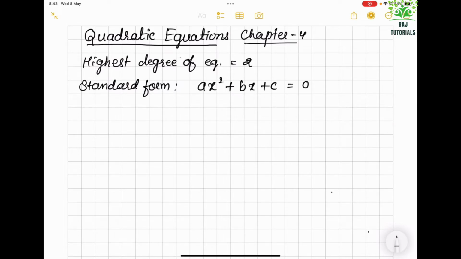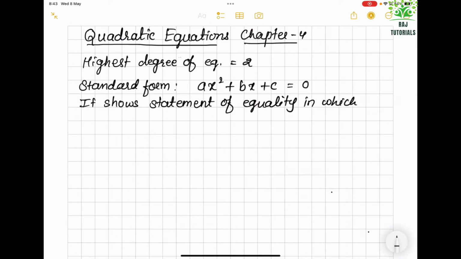Equal to 0 is there because it is an equation and it shows a statement of equality in which the highest degree of variable x is 2.